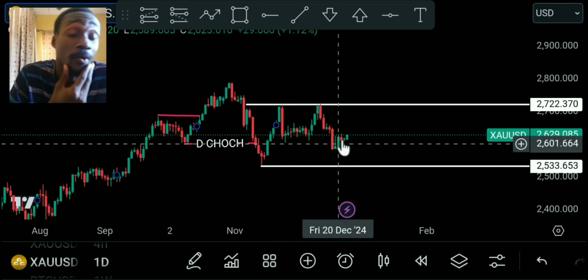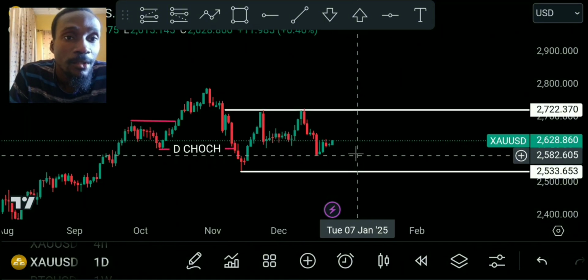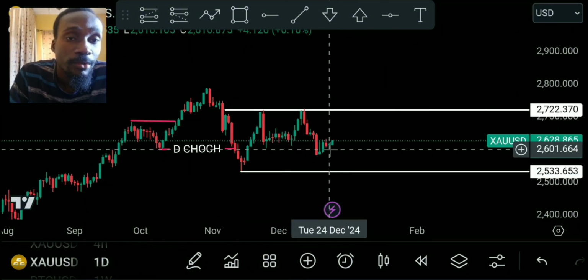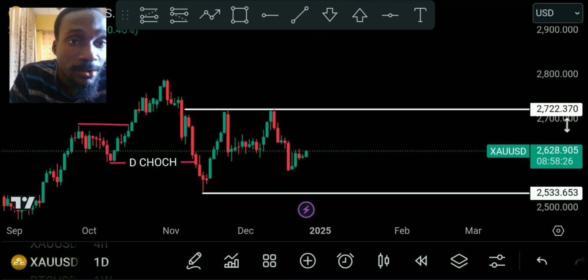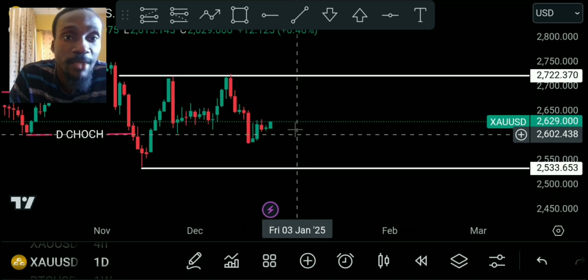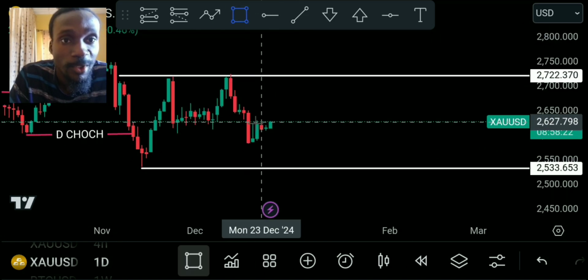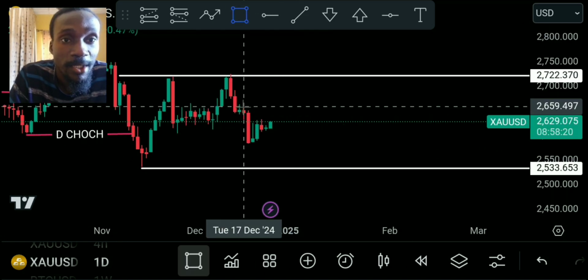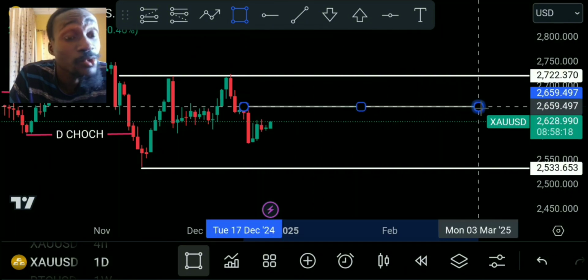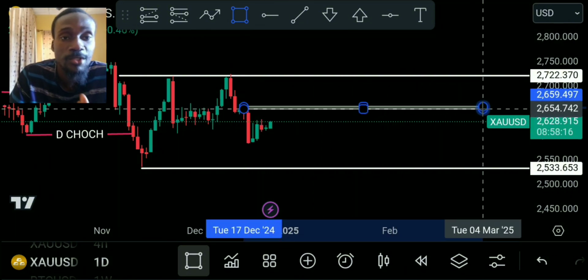Now this is our 1 hour time frame, and you should be looking for opportunities to sell. And now I'm seeing my supply zone here. If you are looking for opportunities to sell, you look for your supply zone. If you are looking for opportunities to buy, you look for your demand zone.